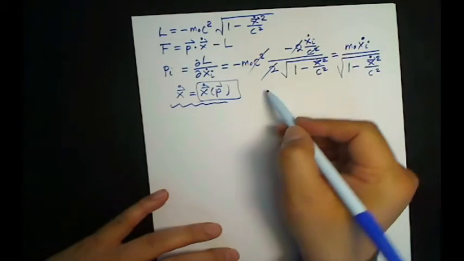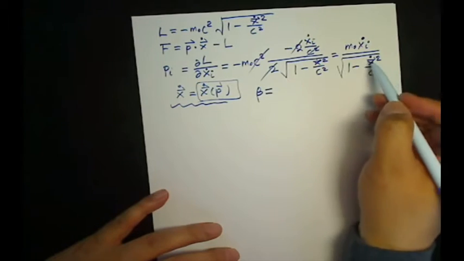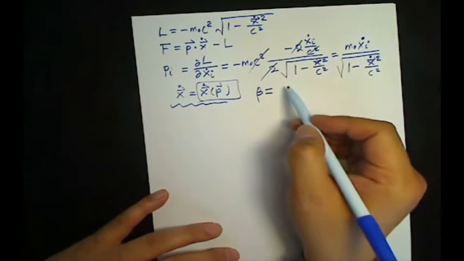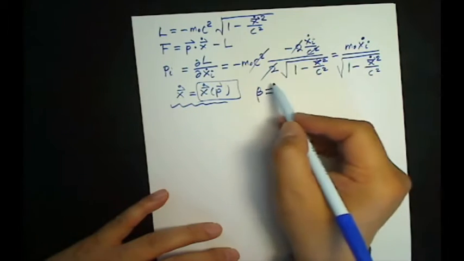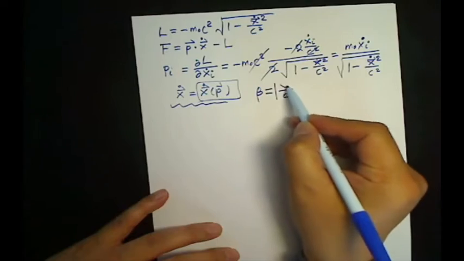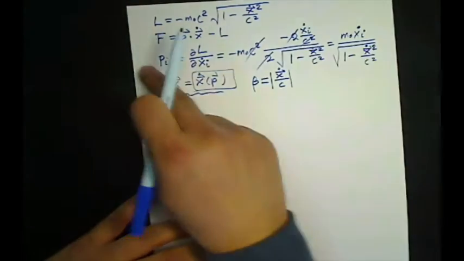For the time being, let us replace x dot with beta. First, square this.